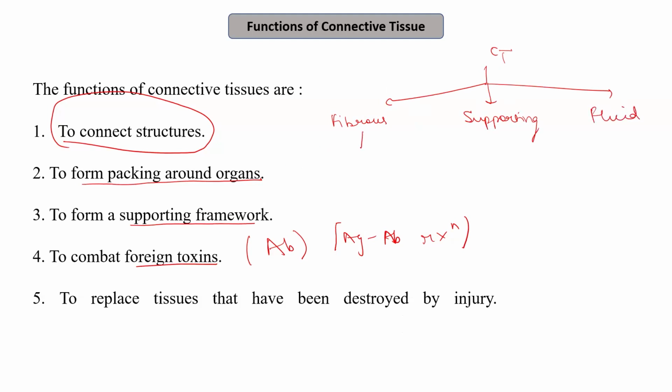We will deal with all of these one by one. Firstly, we are starting with the fibrous connective tissue. What are the basic characteristics of fibrous connective tissue and how does it differ from the other types?